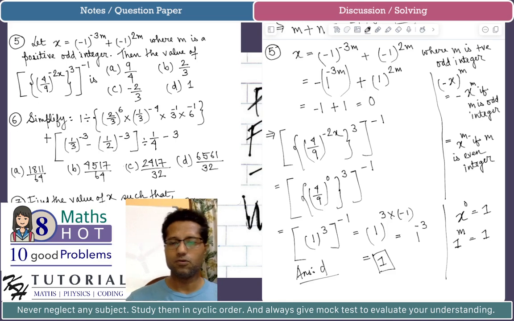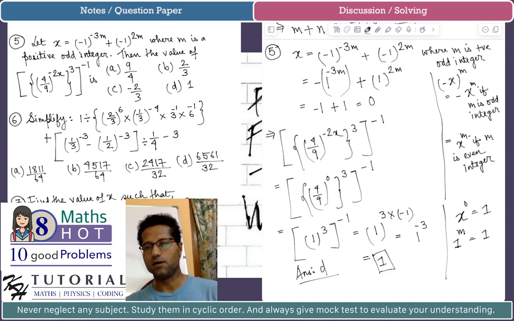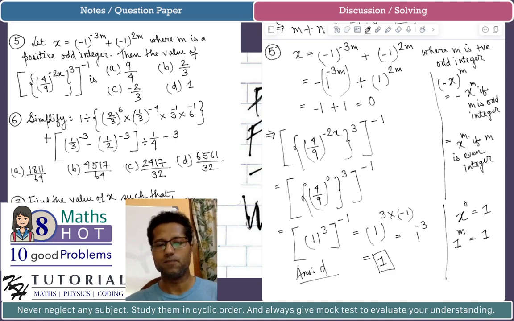The main concept to be applied in this problem was to find the value of x, where x was the sum of two terms, where each term was an exponential term where the base was minus 1, the base was negative, and the power was in terms of m, where m is given to be a positive odd integer.